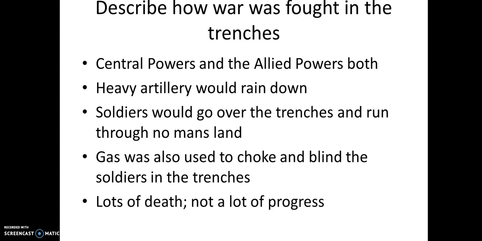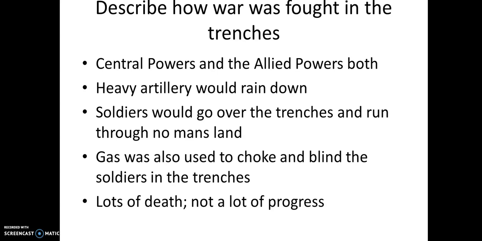There's a map on page 668 of the trenches, and it was basically these long, complex ditches they would dig in the ground where the soldiers would live, and they would shoot heavy artillery down on the enemy side of the trenches, rain stuff down, and then eventually a general would be like, all right, soldiers, go. And the soldiers would climb out of the trenches and run to the enemy's trench through no man's land, where most of them just got shot because you have no place to take cover.